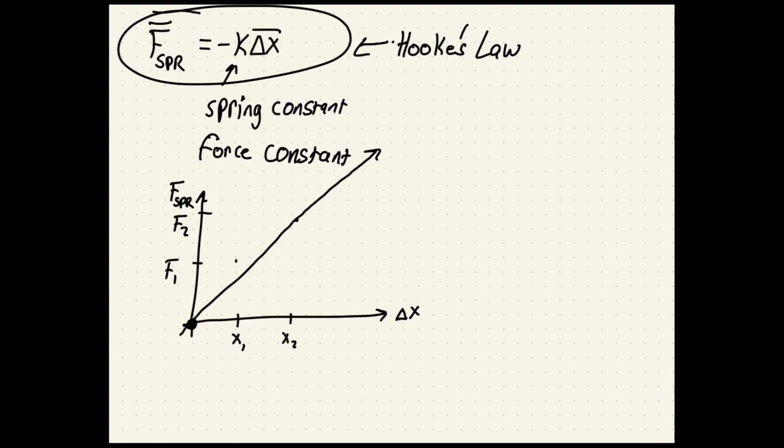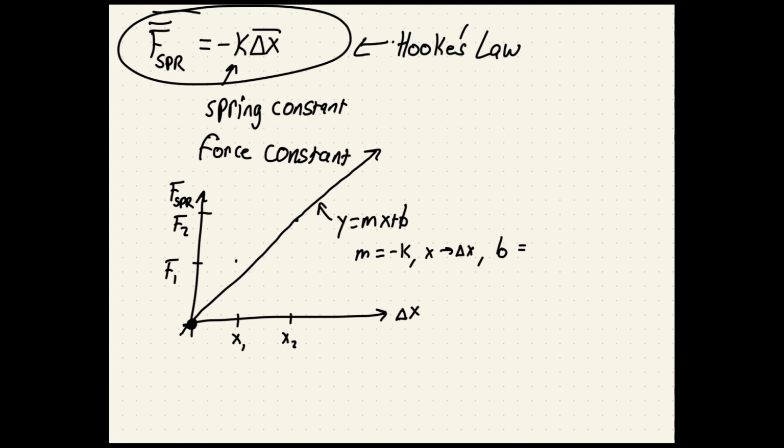what I'd get is this line that would be a y equals mx plus b type of line. And this m is going to be the slope of this line, and it looks kind of like our force equation, right? So we could think of m as equal to negative k, x as our delta x, and b, well, what's b?